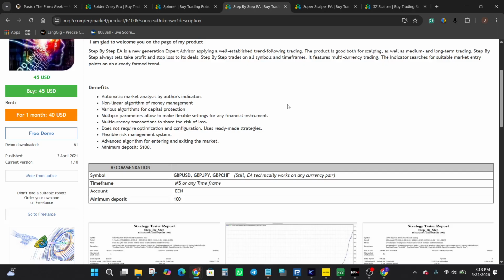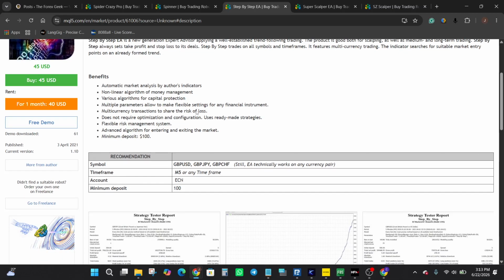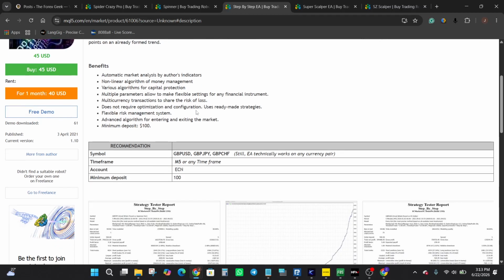Another aspect worth noting is the flexibility offered by the available parameters. The developer states that the settings can be adjusted for different financial instruments, which may be useful for traders who prefer tailoring the EA to specific markets rather than relying on a single fixed configuration.